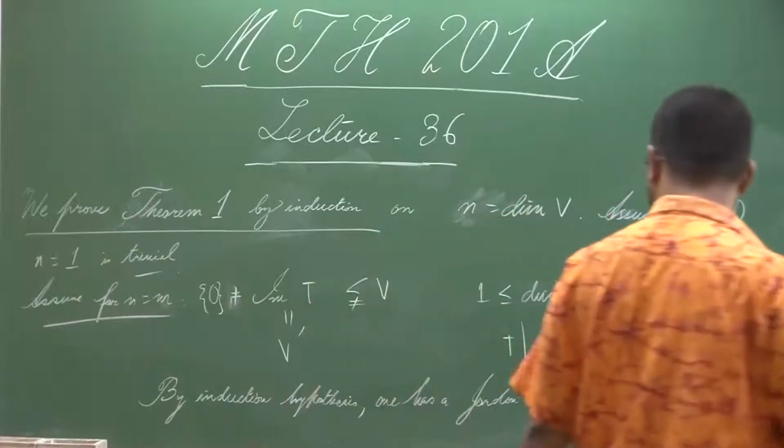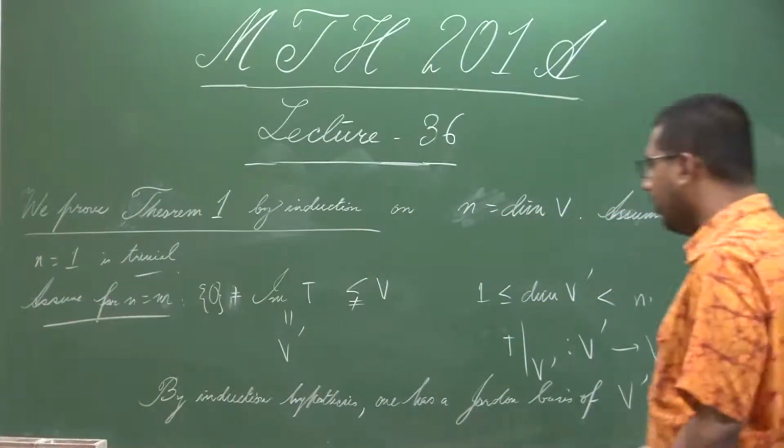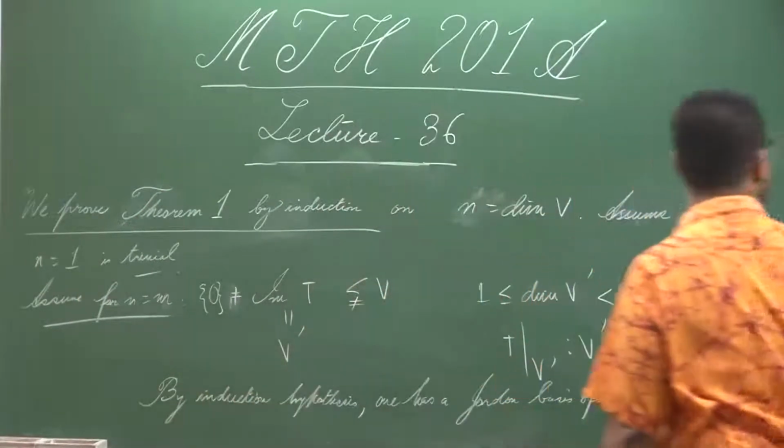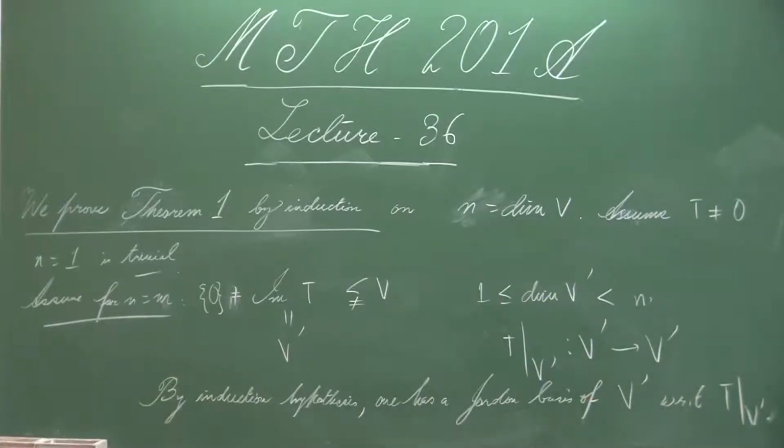And let me just give you the idea how to get this Jordan basis, then with that I will finish. In fact, by giving the idea I can leave the rest to you as an exercise.